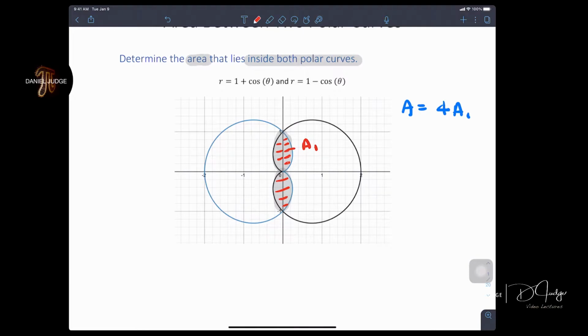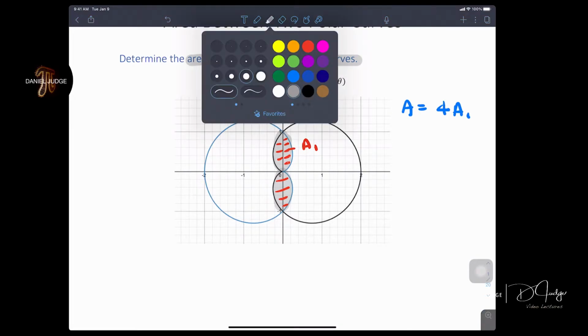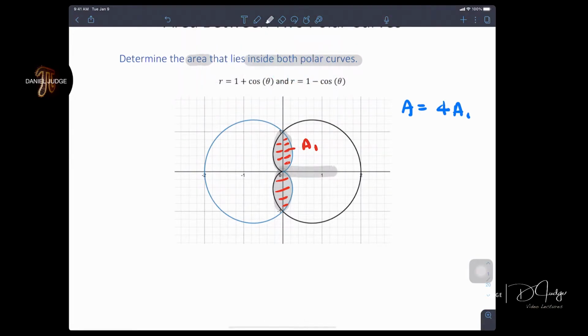Now, the reason I think that's going to be a great approach for us is because of how we find that area. Let's get rid of some of these things. The particular angles here are 0 and pi over 2.